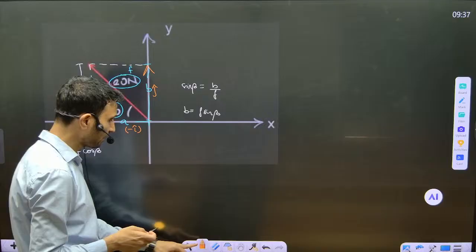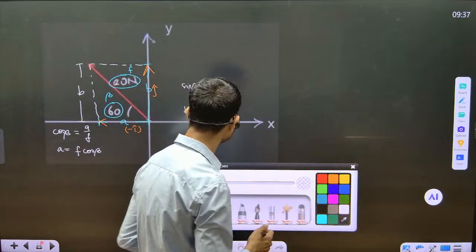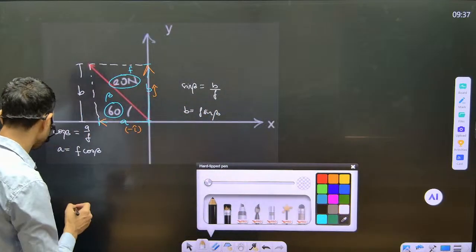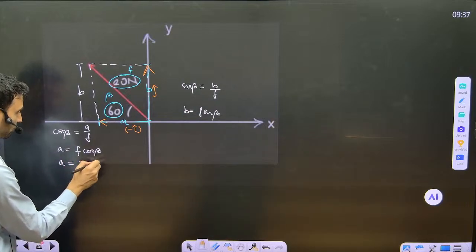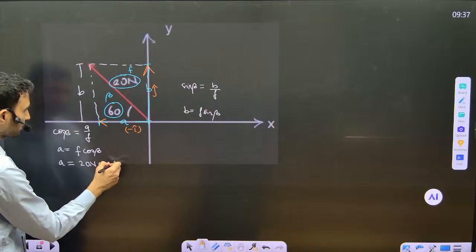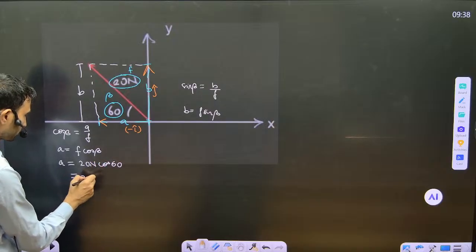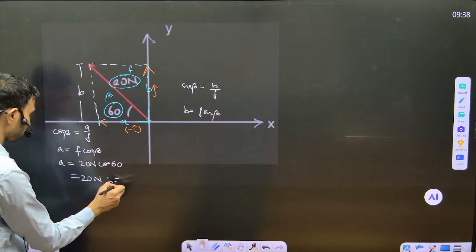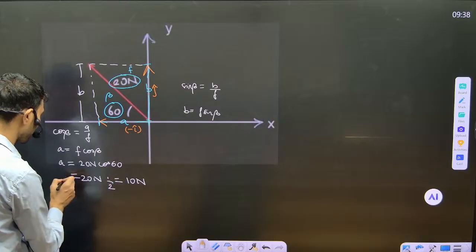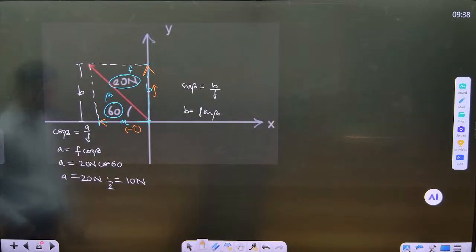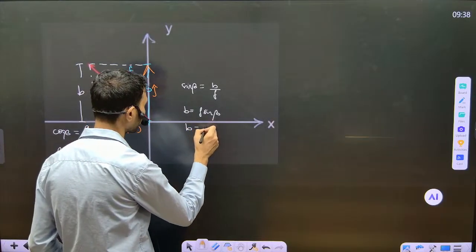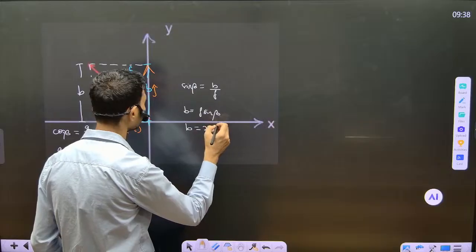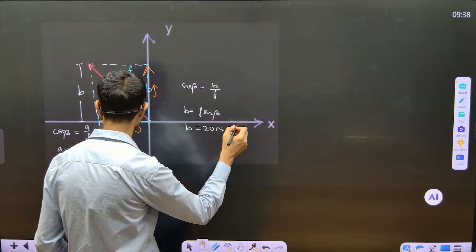And let's find the values of A and B. So A will be how much? F means 20 Newton. Cos of 60. Cos 60 is 1 by 2. So that makes it 10 Newton. That's A. A is 10 Newton. What about B? 20 Newton sine 60.